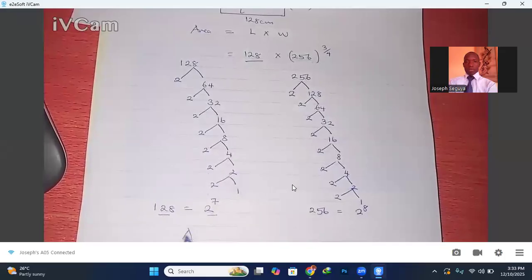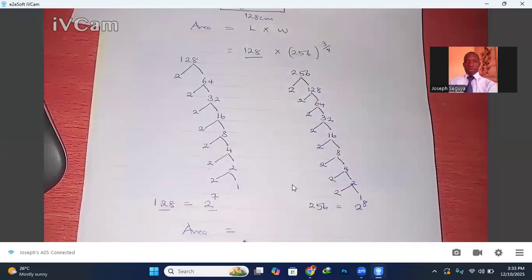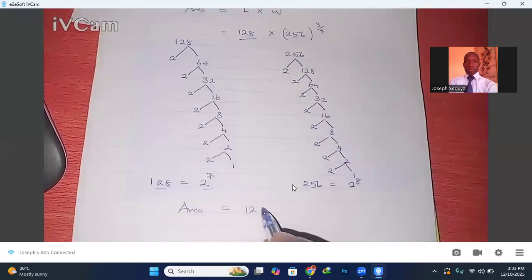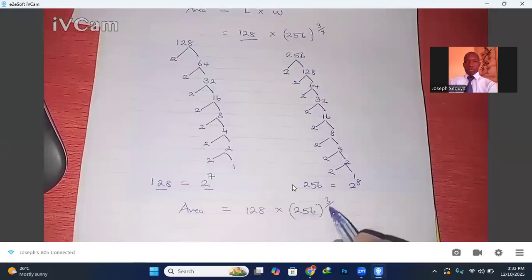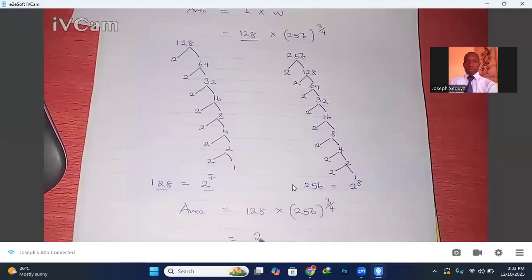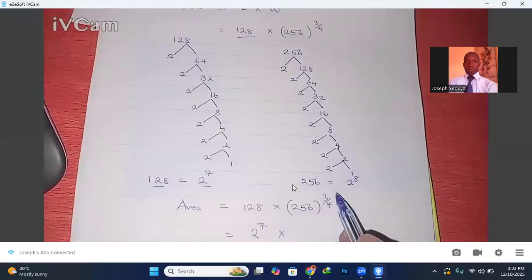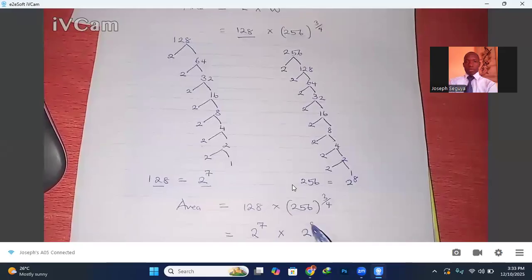Remember, our area was 128 times 256 to the power 3 over 4. So 128 is the same as 2 to the power 7 times 256, which is 2 to the power 8, again to the power 3 over 4.